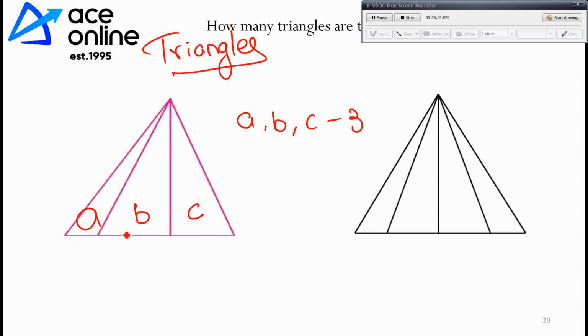If you combine the A triangle and B triangle, it still looks like a triangle. Similarly, BC also. AB, BC. That's 2 combinations.